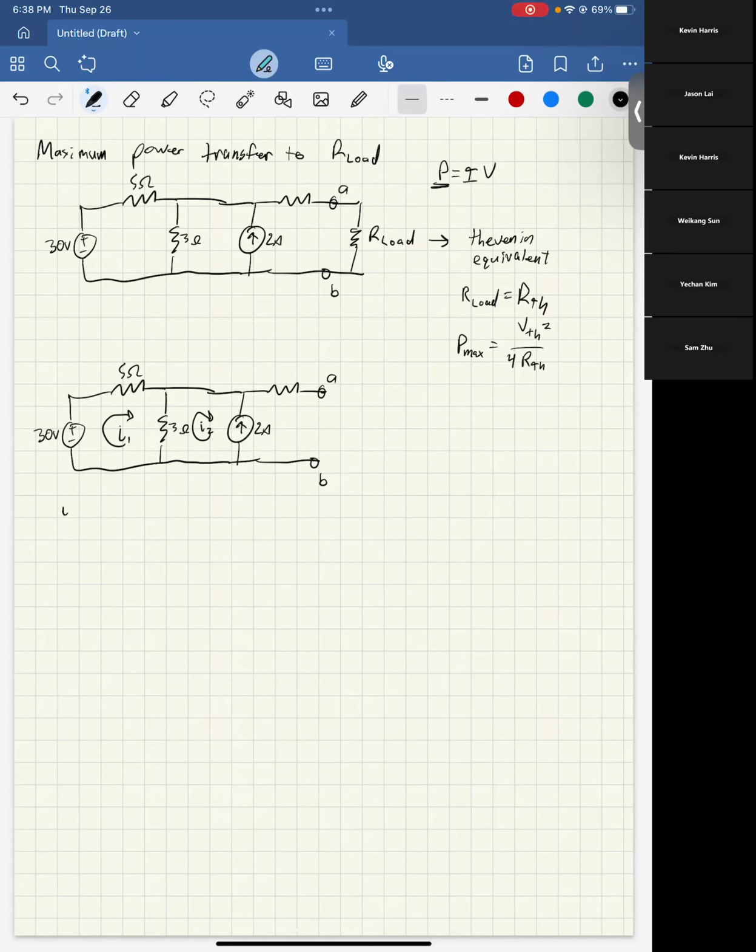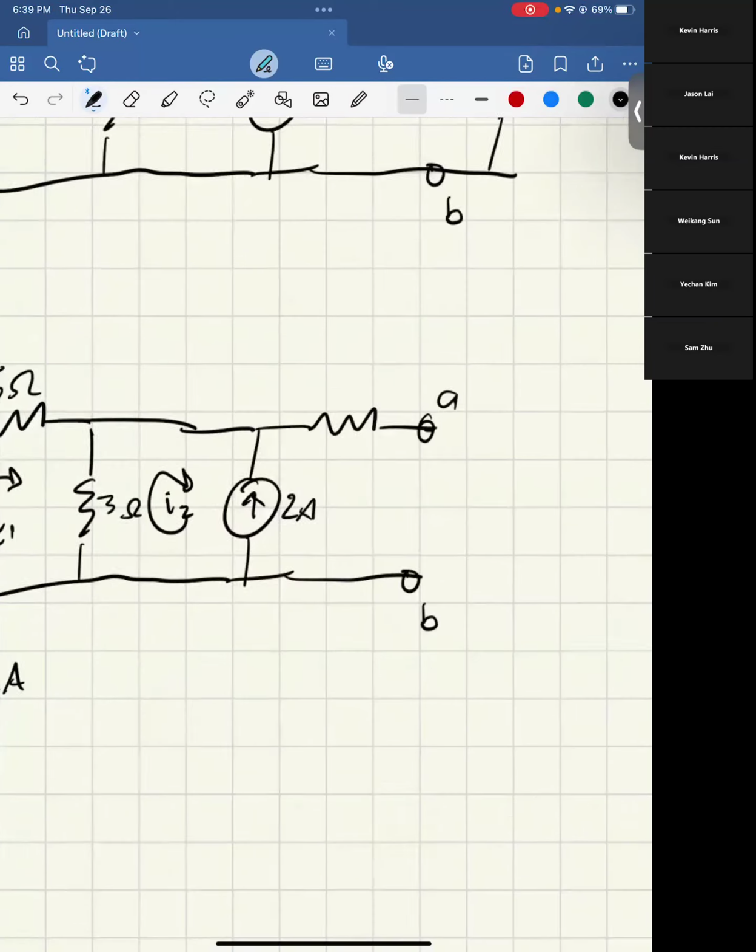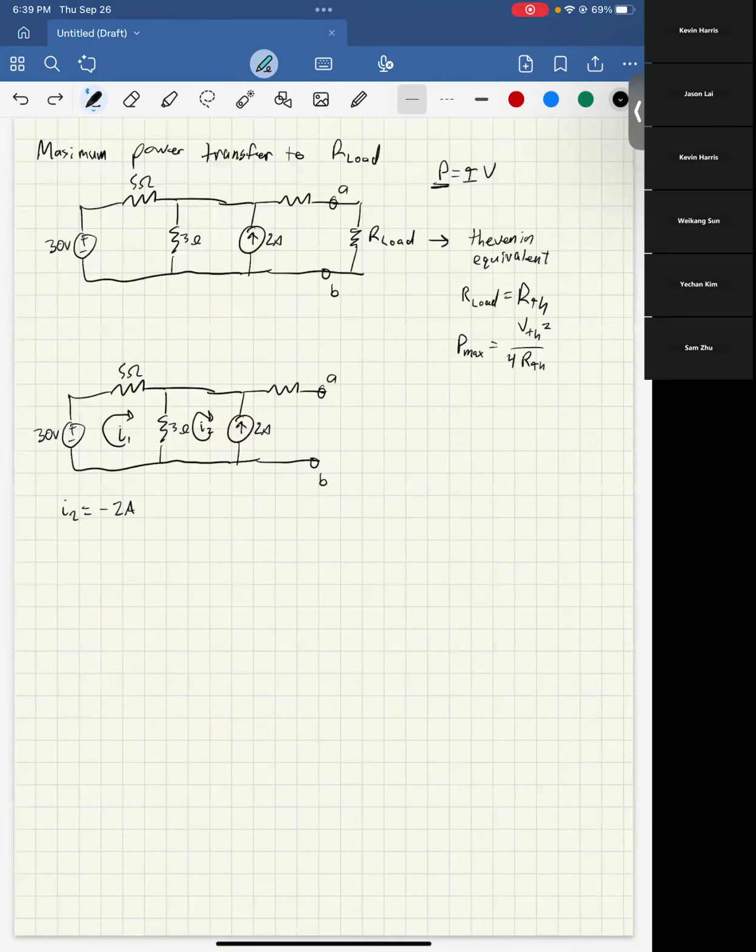Real quick, we see I2 is going to equal -2 amps just from this source. I always define them as going clockwise, and since this is going down, we're going to say that I2 is -2 amps.